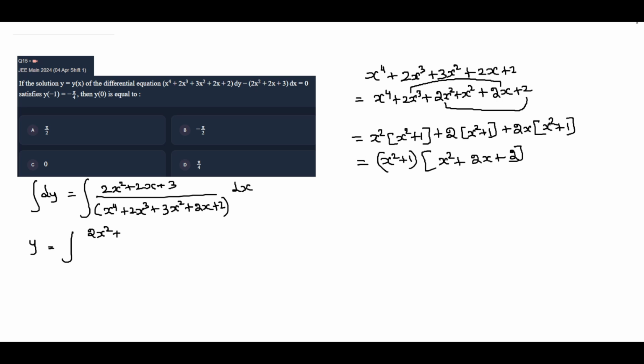2x² + 2x + 3. Again you have to rewrite the numerator.